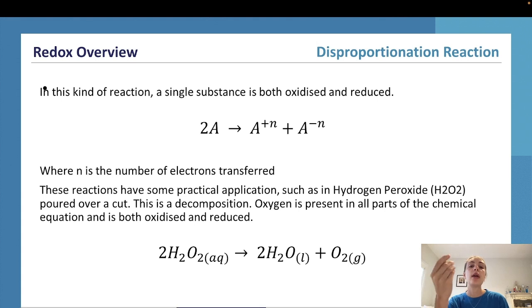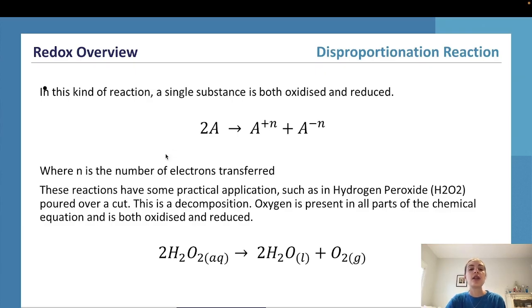So it's basically like one compound splitting into 2 compounds, one of which has been oxidized and one of which has been reduced. In this example up the top here, N is the number of electrons which has been transferred.